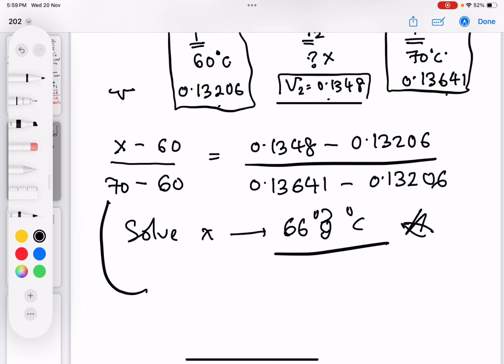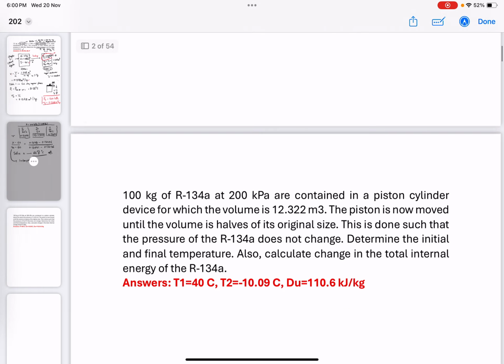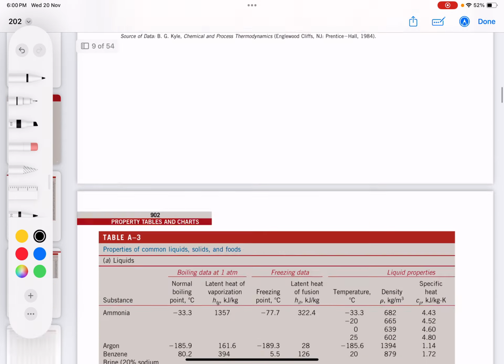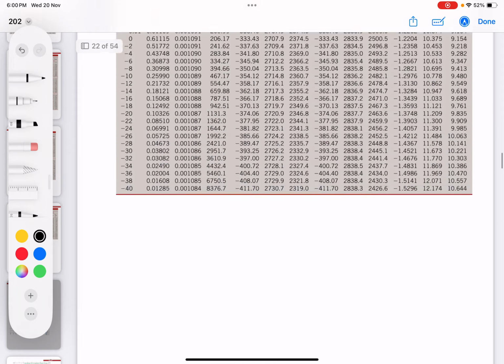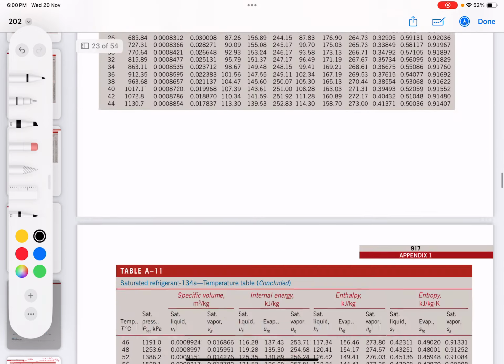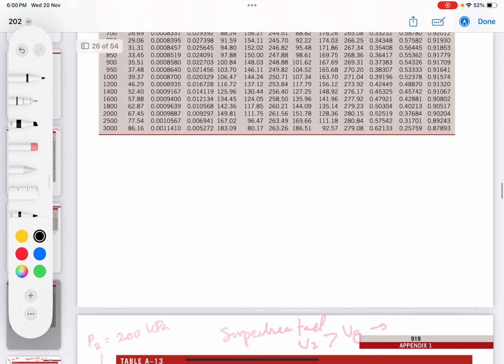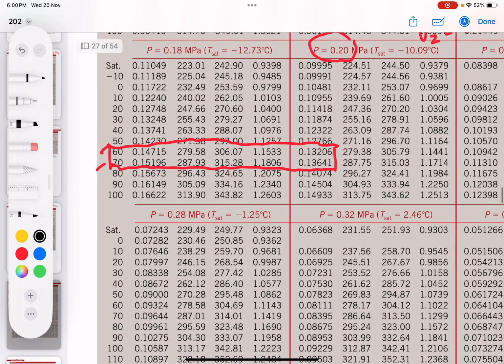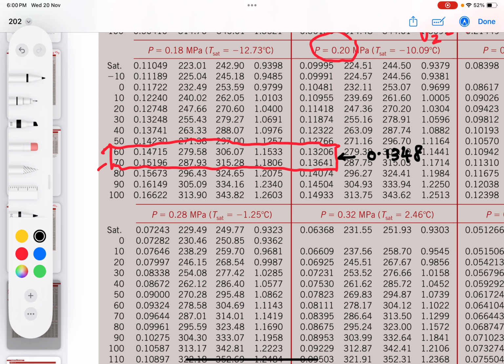So this is what we call interpolation, because our exact value is somewhere between 60 and 70. So going back to the steam table over here, I do know that my value, 0.1348, was actually in between these two values, 0.13206 and 0.13641.